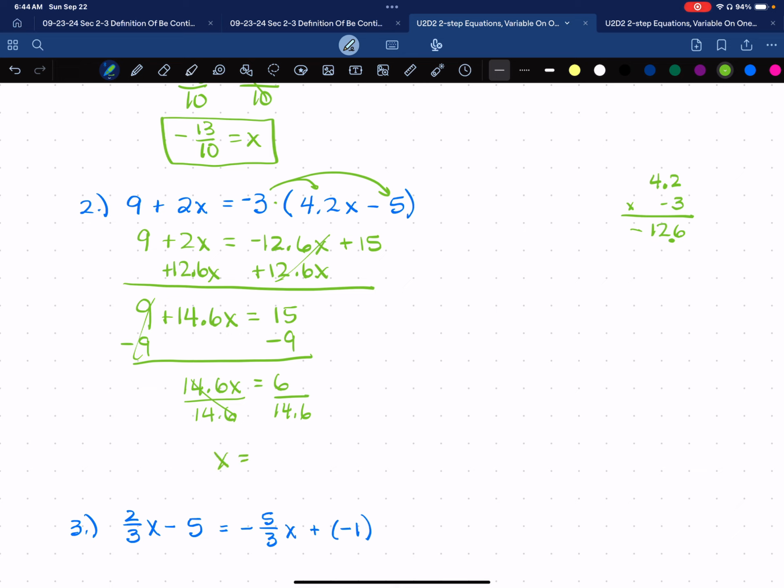And I'm going to be honest with you, I don't have a calculator handy. And this is one I would use a calculator with. I'm just going to leave it as 6 over 14.6. But we should divide, and you can use a calculator to write your final answer.